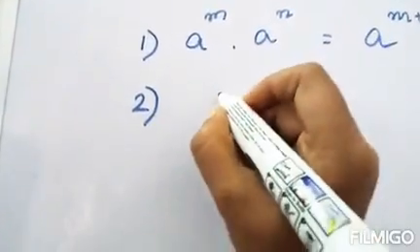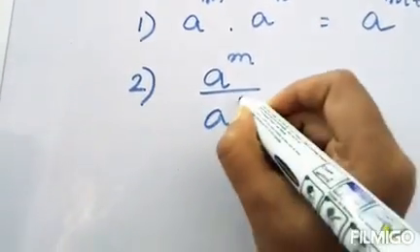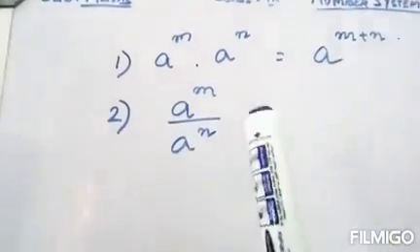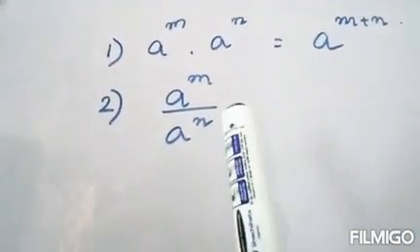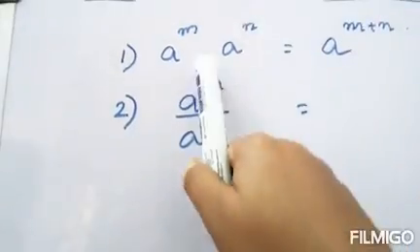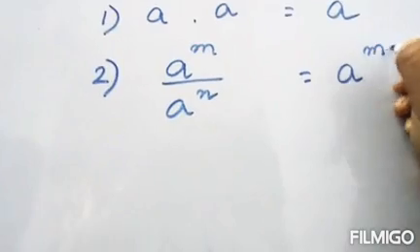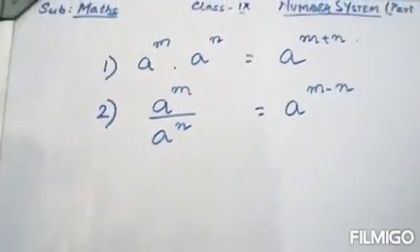Second thing: suppose same base with different powers, but in division form. Here multiplication means addition, so division means subtraction.